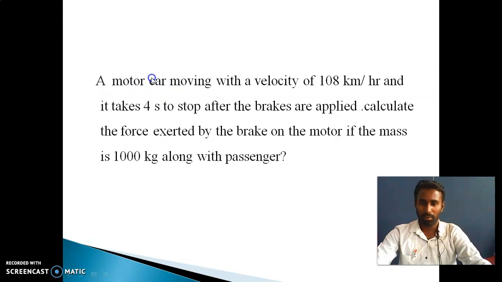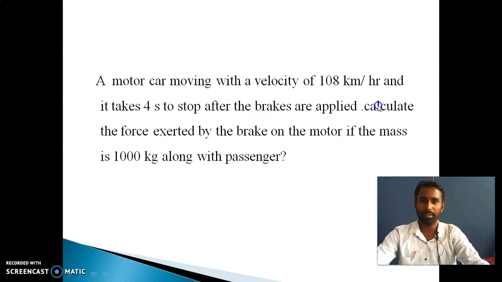Okay, a motor car is first moving with a velocity of 108 km per hour. That means it has an initial speed, and it takes 4 seconds to stop after the brakes are applied. So brakes are applied means what will be your final velocity? As you know, your final velocity should be 0 meter per second or 0 km per hour.